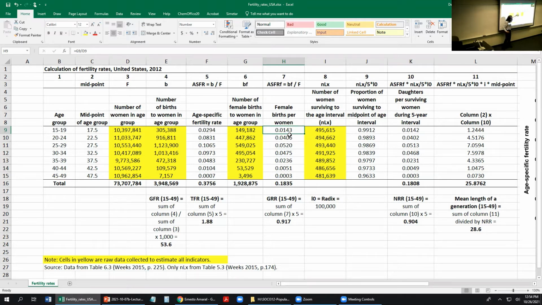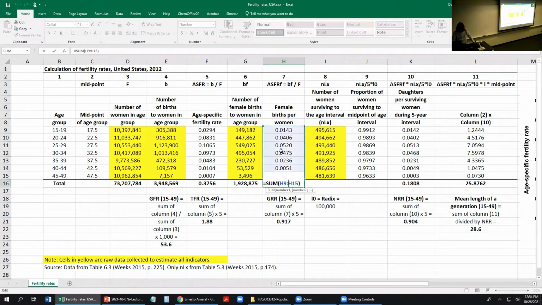If we multiply this by 1,000, we say that for every 1,000 women between the ages of 15 and 19, we see around 14.3 female births based on data from 2012, okay?